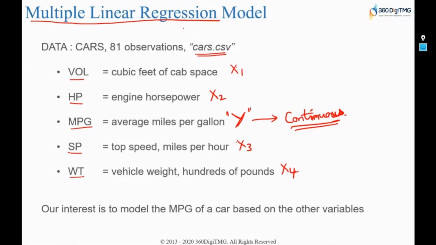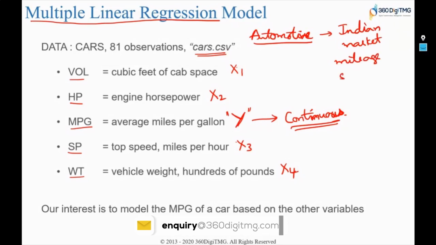Now, the business problem here: people who are in the automotive industry know that the Indian market is mileage sensitive.